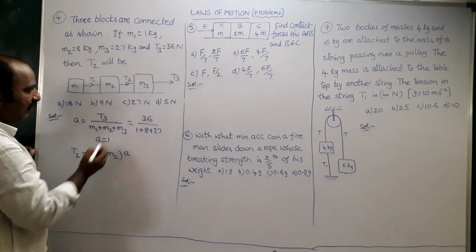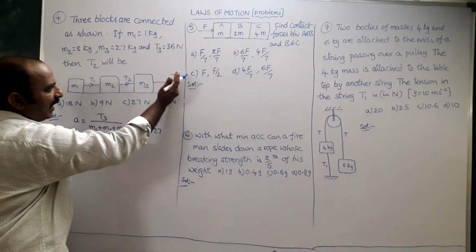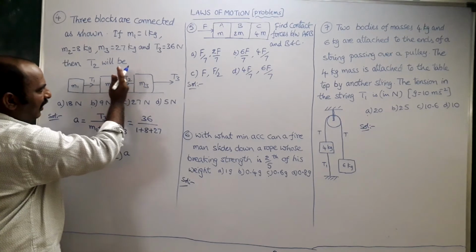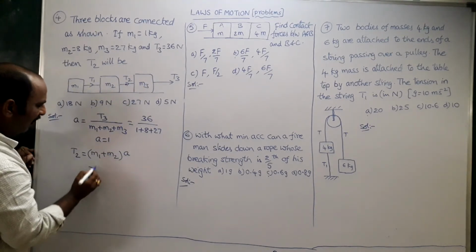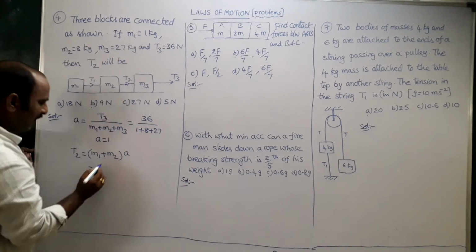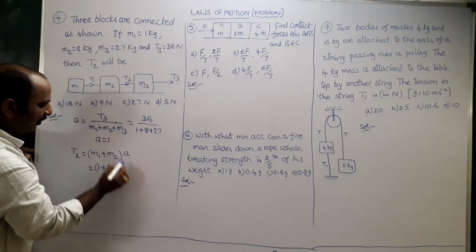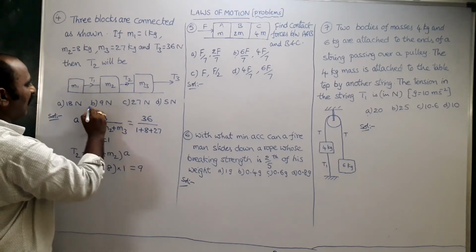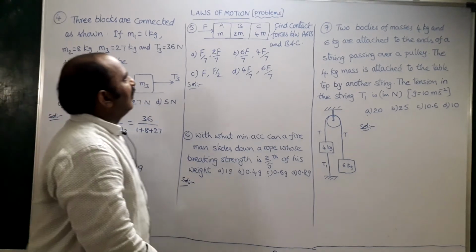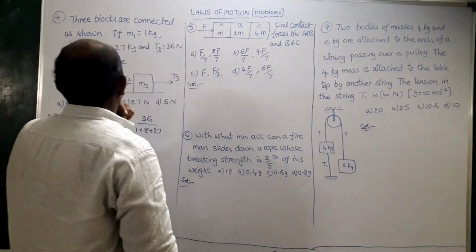So once again, the T2 value can be written as, we see from the external force side here, the remaining mass m1 plus m2 into acceleration. Now m1 plus m2 is 1 plus 8, into acceleration value 1. So totally we get 9 Newton. Option B is right.